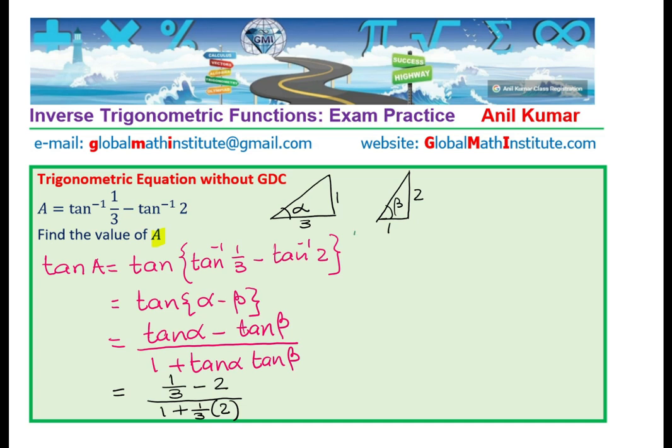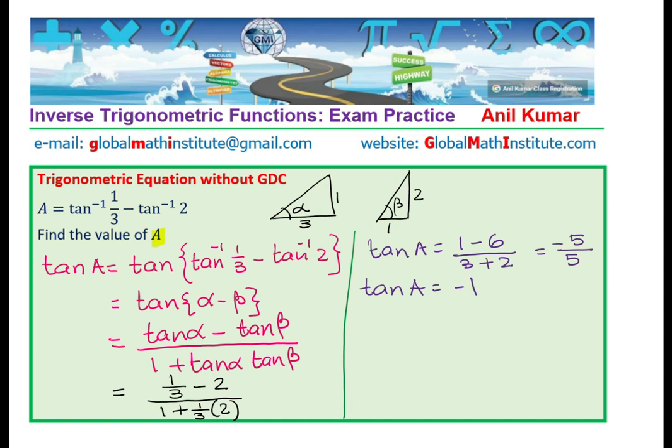And now we can find the value of tan A. So tan A is equal to 1 over 3 minus 2 over 1 plus 2 over 3, right? Let's multiply by 3 both the sides. So we get 1 minus 6 over, multiplying the denominator by 3, we get 3 plus 2, which is minus 5 over plus 5. So we have a value of tan A as equal to minus 1.